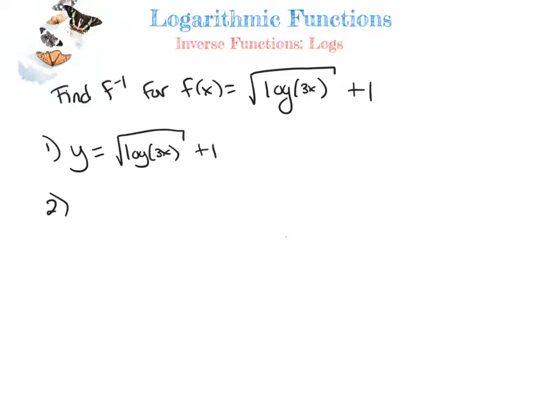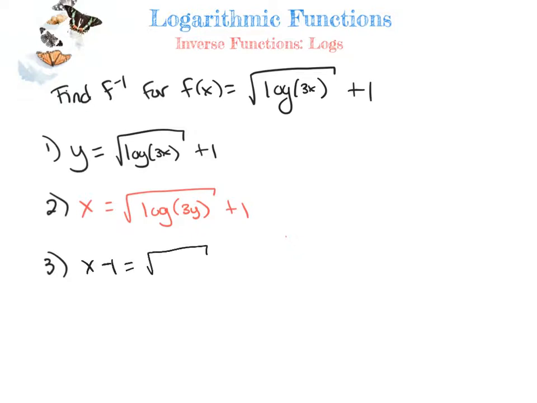A crucial step is switching the x's and the y's: x equals the square root of log of 3y, and then plus 1. And then the challenging step. To isolate our new y, definitely going to subtract the 1, since this 1 is on the outside of the square root. So that will be x minus 1 equals the square root of log of 3y.